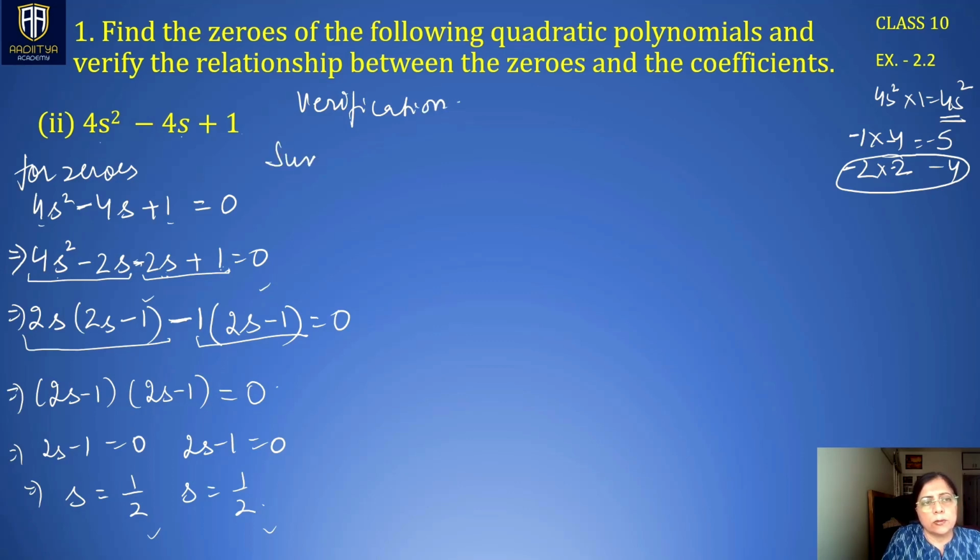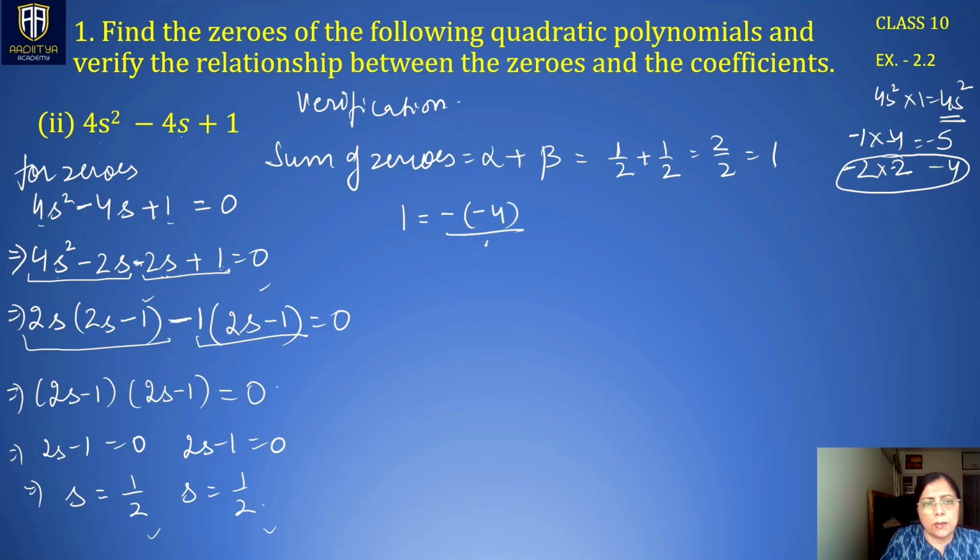First of all, the sum of zeros is equal to alpha plus beta, which is equal to half plus half. 1 by 2 plus 1 by 2 is equal to 2 by 2, that is 1. Right? Now, I am trying to express this 1 in a different manner.